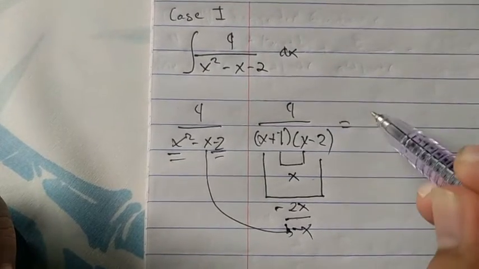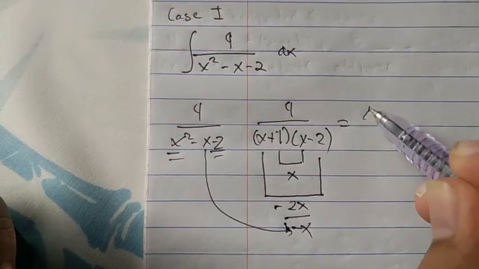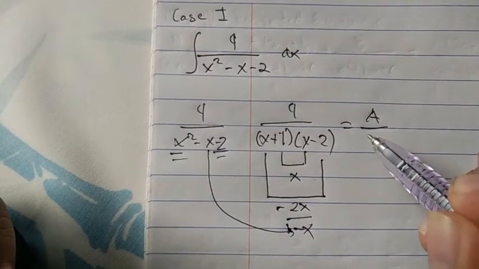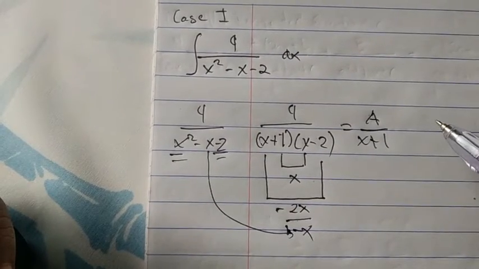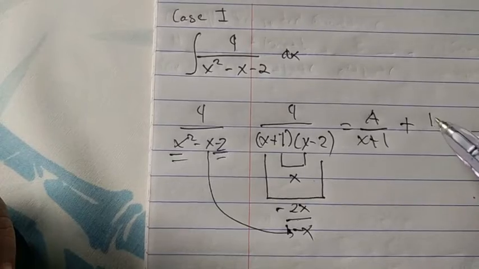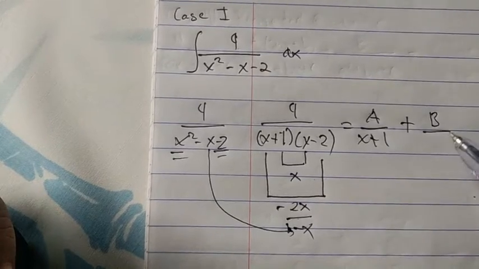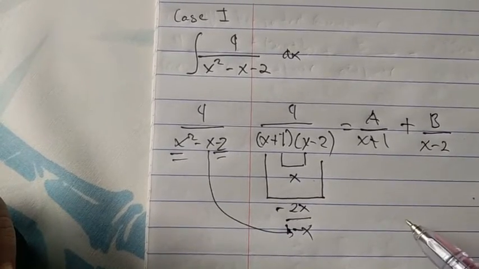So we can represent this part as a over x plus 1 plus b over x minus 2.